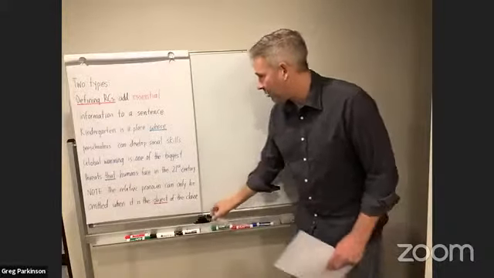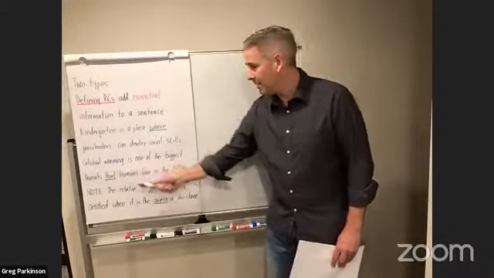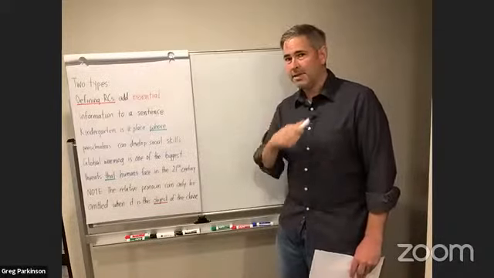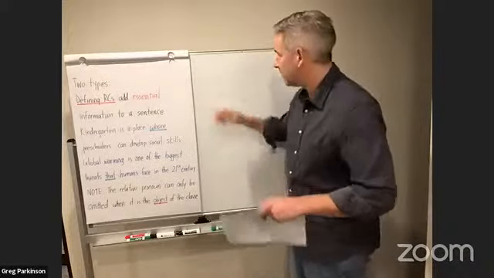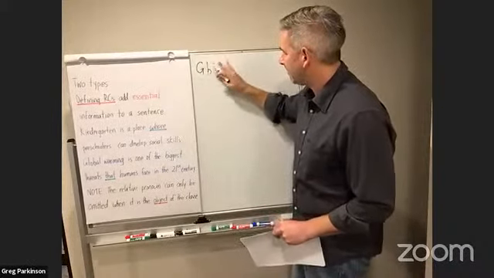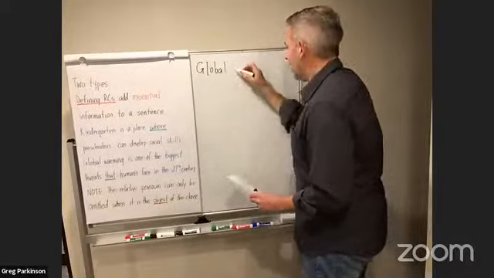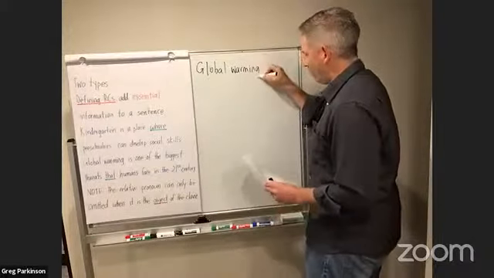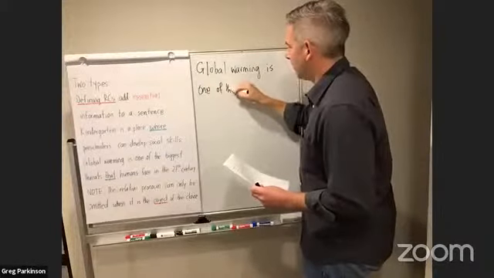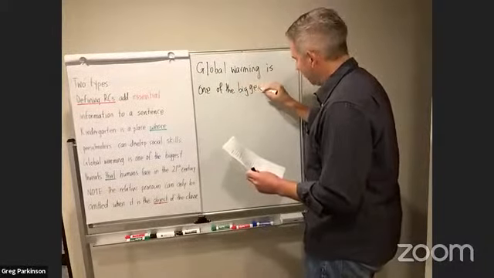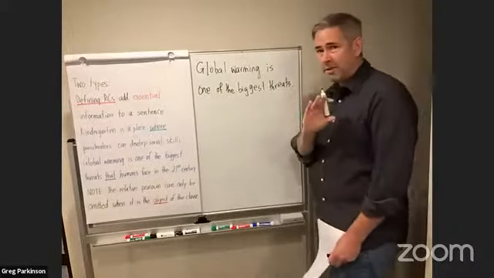Now, let me give you an example. And what I'm going to do is I'm going to take this one here. Here, this can be omitted because it relates to the object of the clause. Now, to demonstrate that, this is what I'll do. So let's imagine that this is one sentence, right?